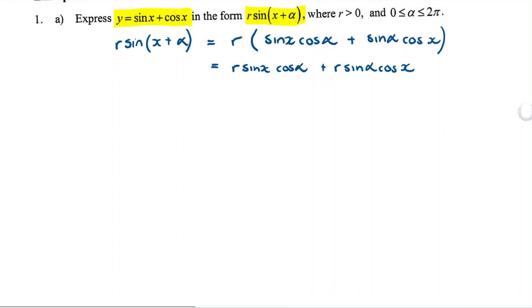Okay, now what we are actually doing though, that r sine x plus alpha is actually representing the y equals sine x plus cos x equation that we're wanting to potentially eventually solve here, right? So I'm going to change that to be sine x plus cos x is equal to the r, or that whole big expansion again.